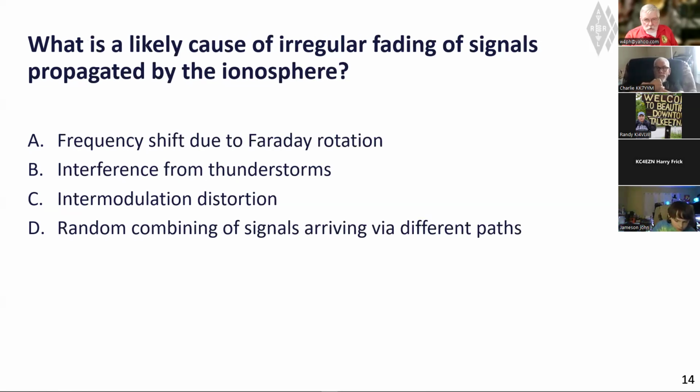What is the likely cause of irregular fading of signals propagated by the ionosphere? And that is random combining of signals arriving by way of different paths.